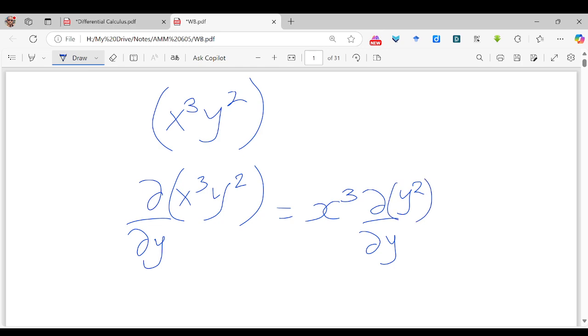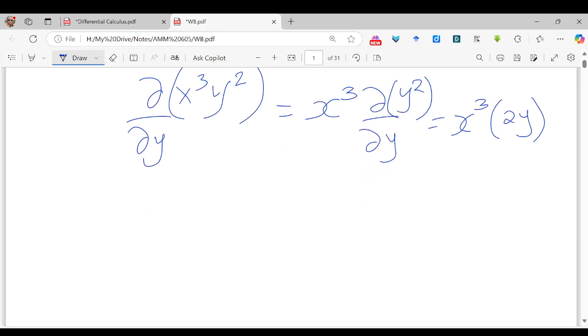Now differentiating y squared will give us 2y. Then when we open the brackets here, we get 2x cubed y. That is the derivative of the first term there.